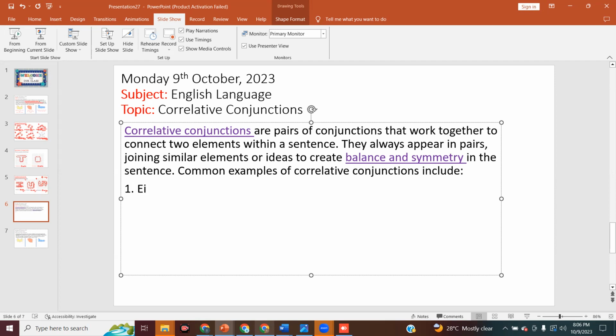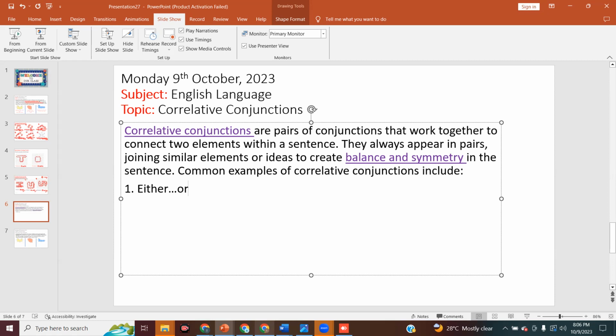If I say either, what's the correlative conjunction of either? Not neither. Or. Very good. Either or.